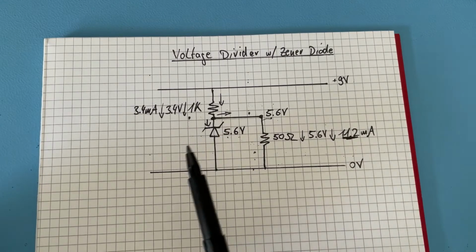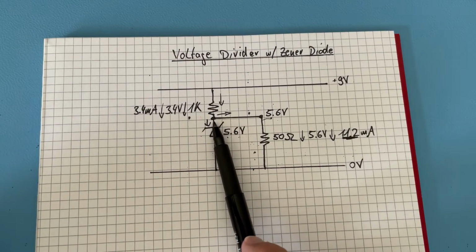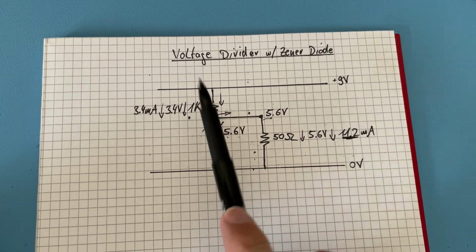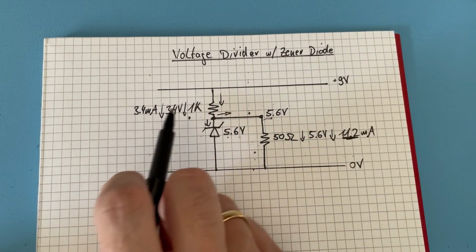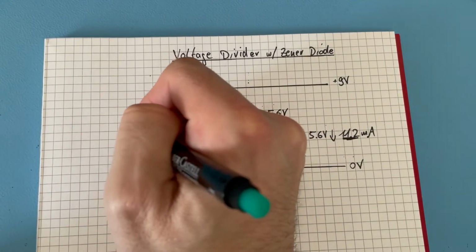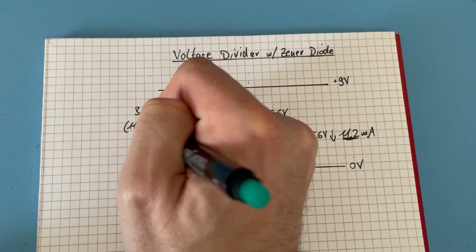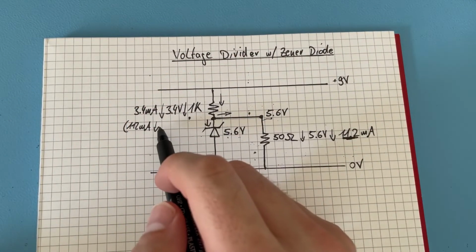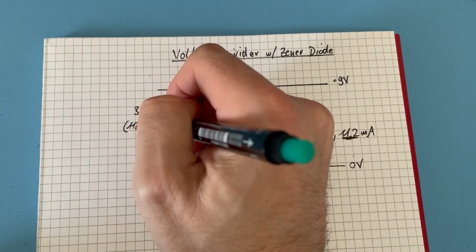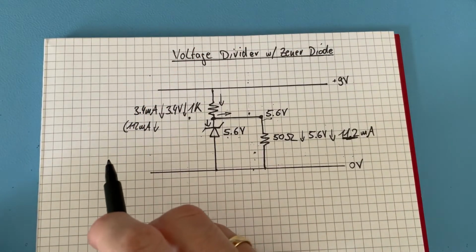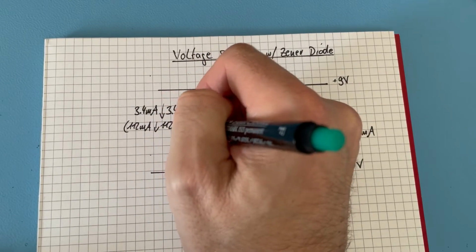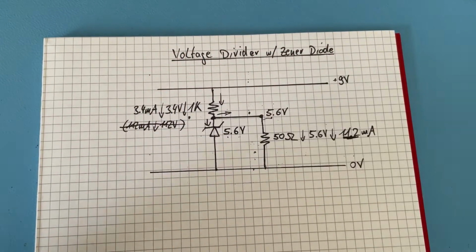Because if we really had 112 milliampere through here, then we would have 112 milliampere across the 1K resistor in this scenario, and then we would have 112 volts across this resistor, and that clearly cannot be.